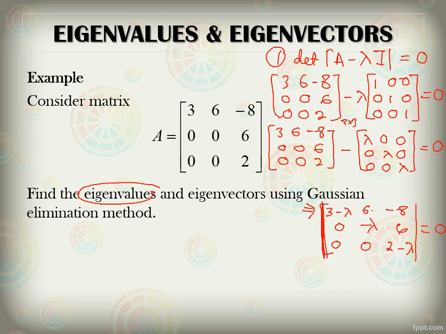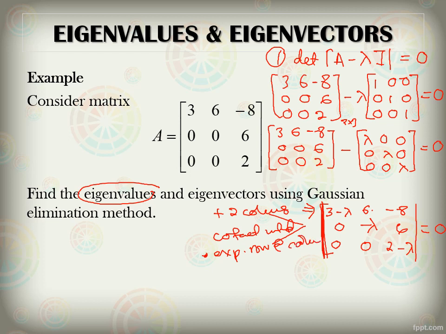Now, these two straight brackets that contain your matrix mean determinant. You have two ways of finding the determinant: by adding two additional extra columns to this matrix, or you can use the cofactor method, which means you expand a row or column.